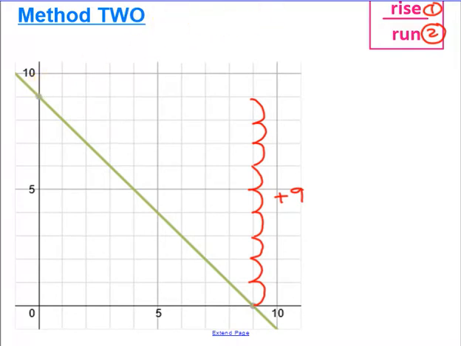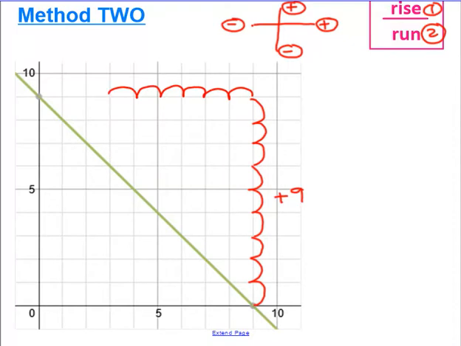Okay, so remember my coordinate plane here. This is negative, this is positive. Okay, up here is positive, and down here is negative. So now I'm going left. Okay, so 1, 2, 3, 4, 5, 6, 7, 8, 9. And so that's negative 9.